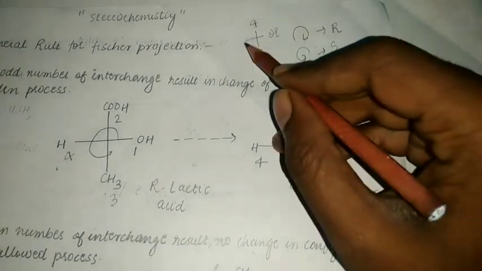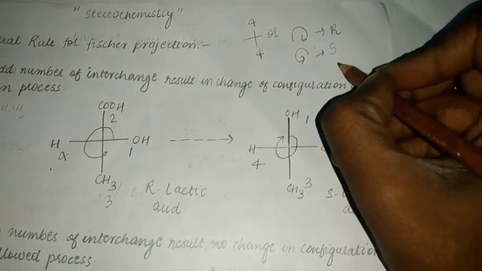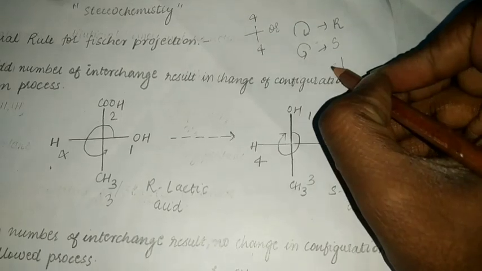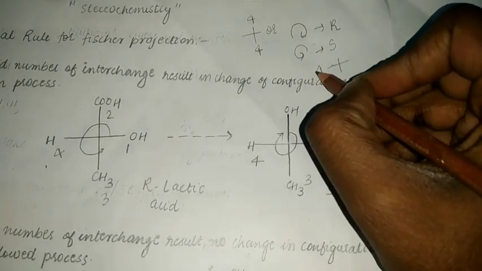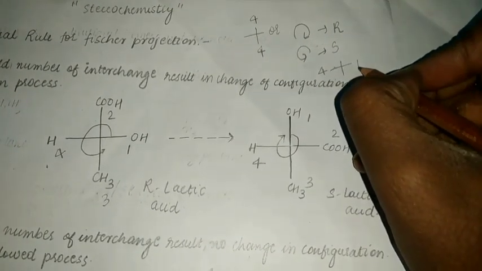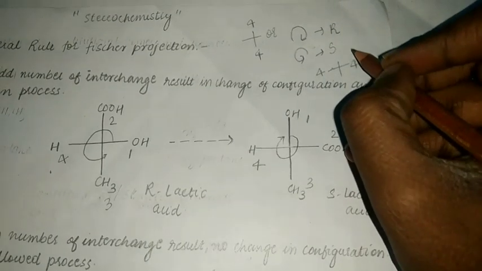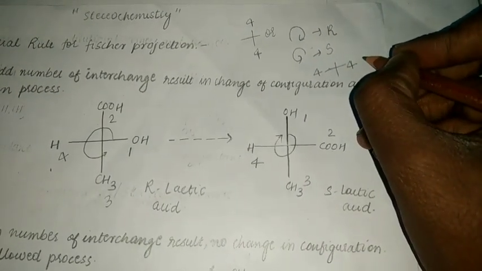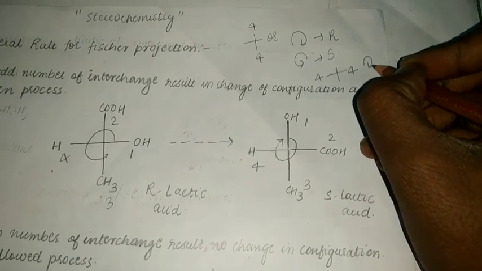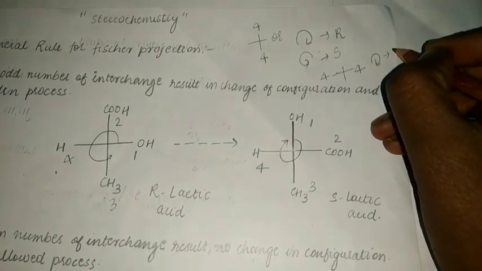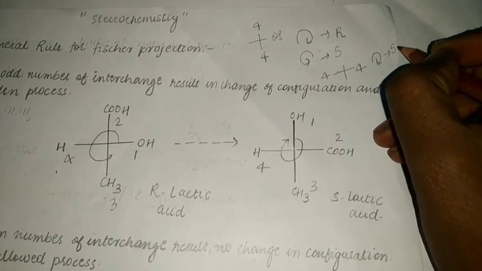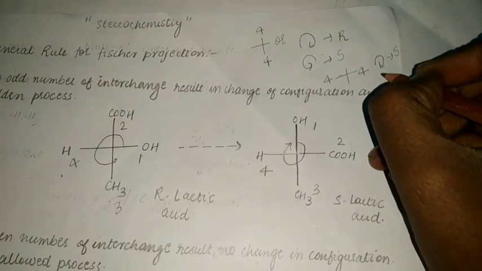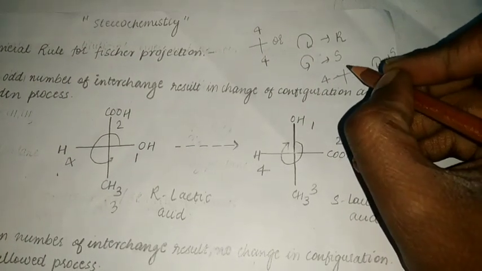Similarly, if the fourth group is present on the left or right of the molecule, then the order reverses. Then clockwise becomes sinister, the left side, and it is called sinister.